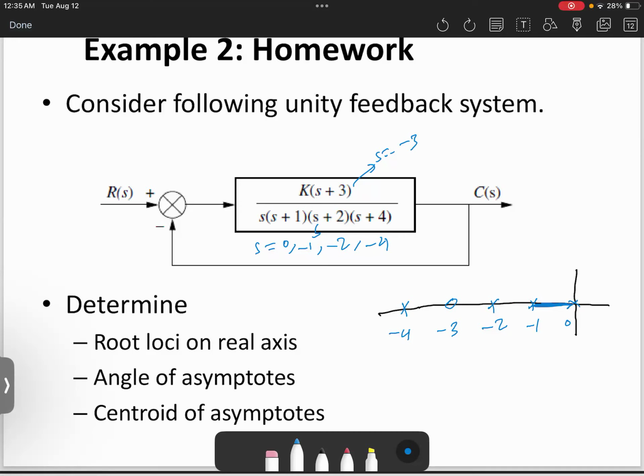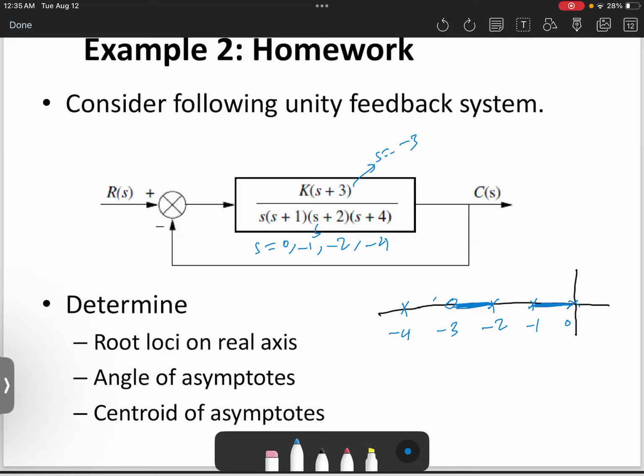Therefore, the next region is considered a segment, so the region between -2 and -3 is a segment. When we reach -3, the total number of poles and zeros is 4, so the region after that is not considered a segment.